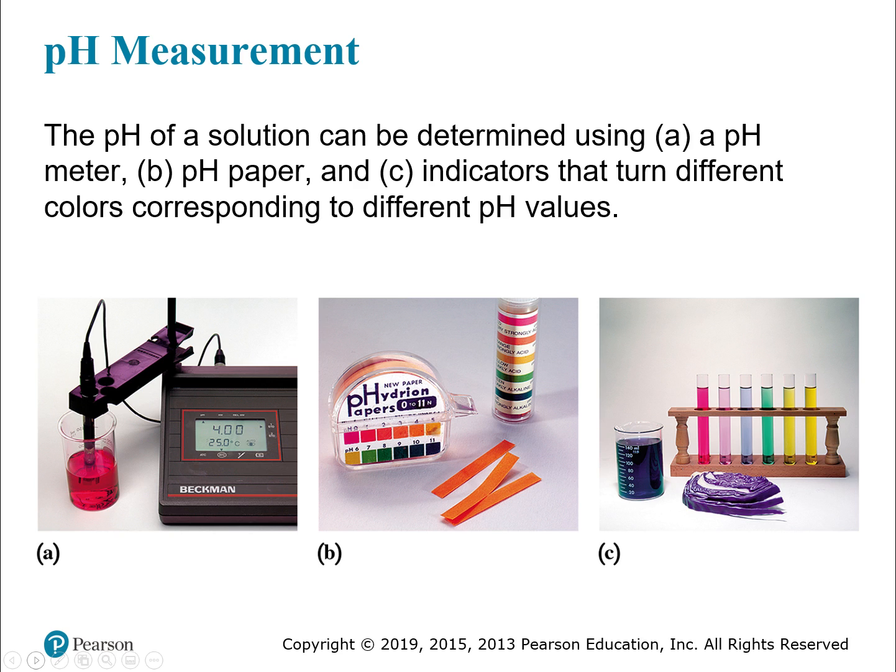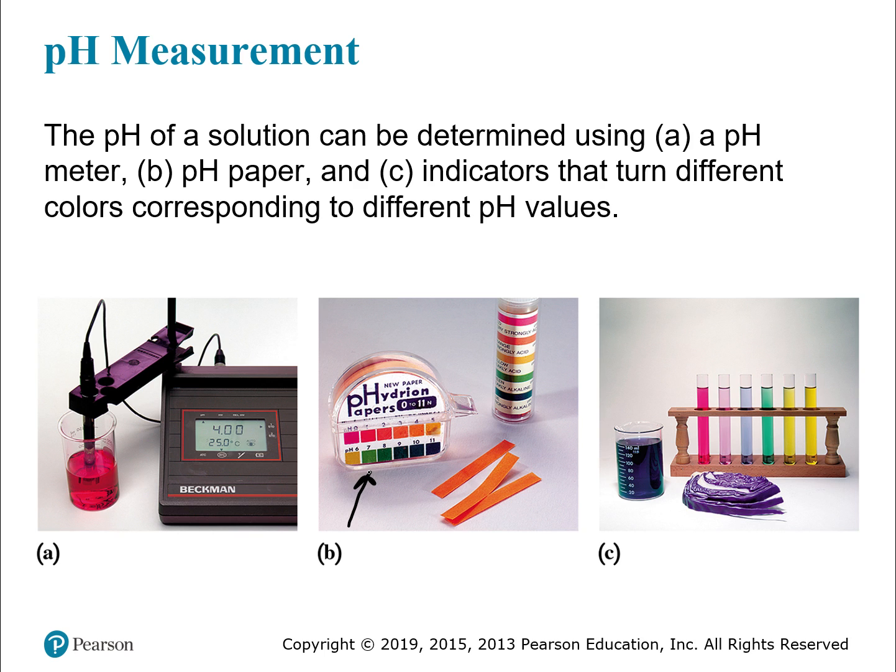Another way is to use pH paper. So that's just paper. You may also see it called litmus paper. It's the same thing. You take the strip, you dip it into your solution, and then it changes color, and that color corresponds to one of the colors that's on the package. So you can see going all the way from 0 up to 11 on the front.